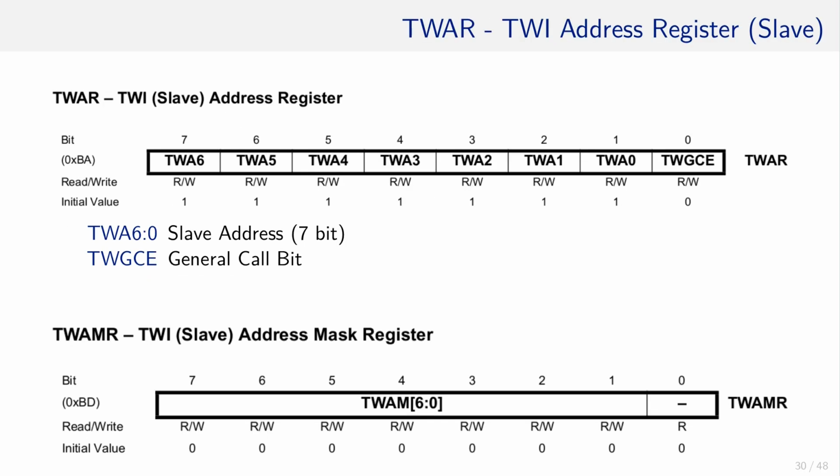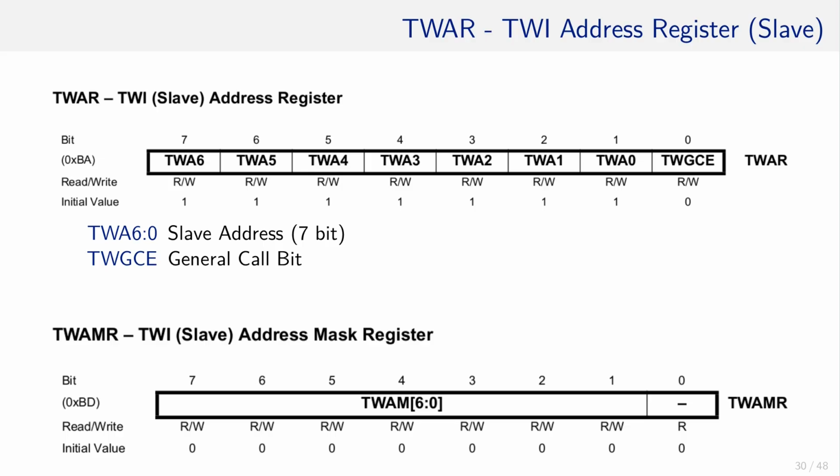In case the MCU is a slave or a master and slave combination, you will need to set the slave address in TWAR. If you would like to use 10-bit addresses, it needs to be implemented entirely in software. It is probably a good exercise. The slave address is left adjusted, leaving the 0th bit available.